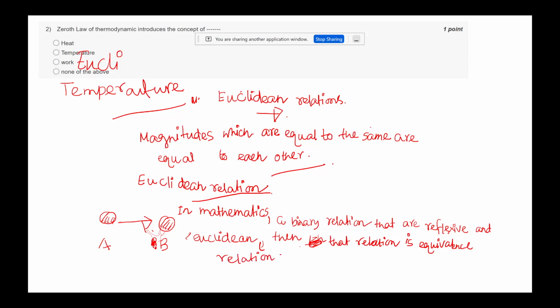Okay, so try to understand this. What does it say? It says that in mathematics, a binary relation that is reflexive and Euclidean is an equivalence relation.